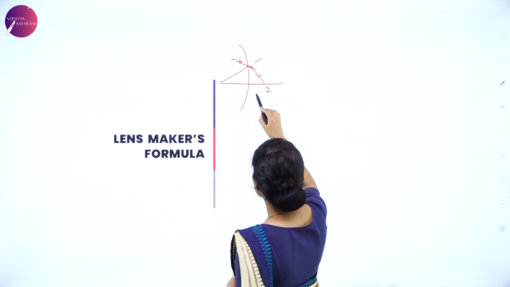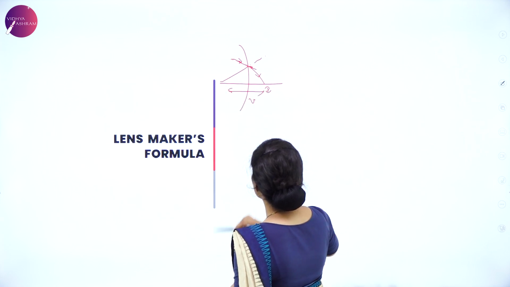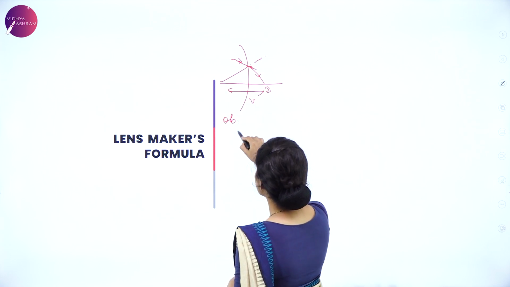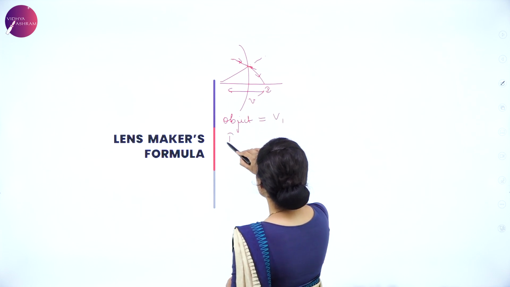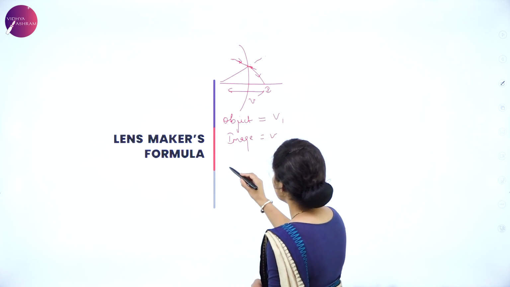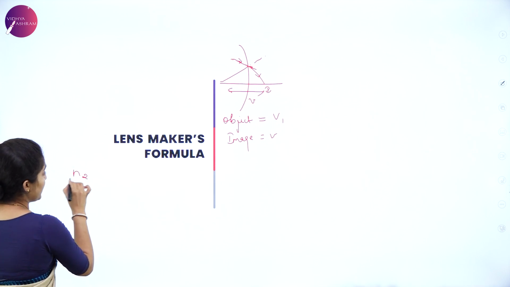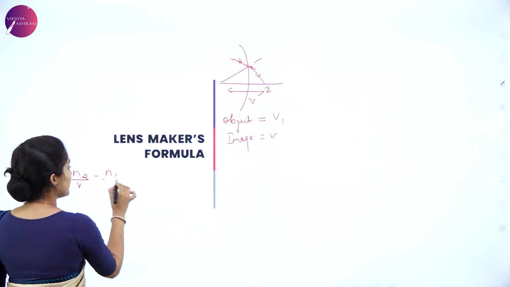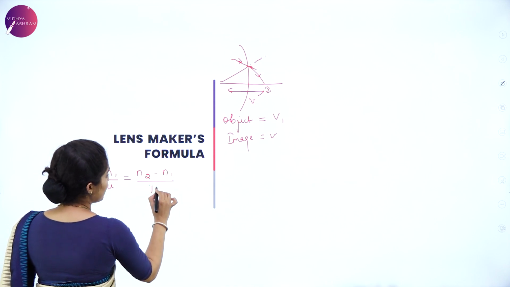So this is I. From the optic center to I you have image distance V. Now the object distance acts as the previous image distance, that is V1, and the image distance acts as V. So according to the set of equations, N2 divided by V minus N1 divided by U is equal to N2 minus N1 divided by R.